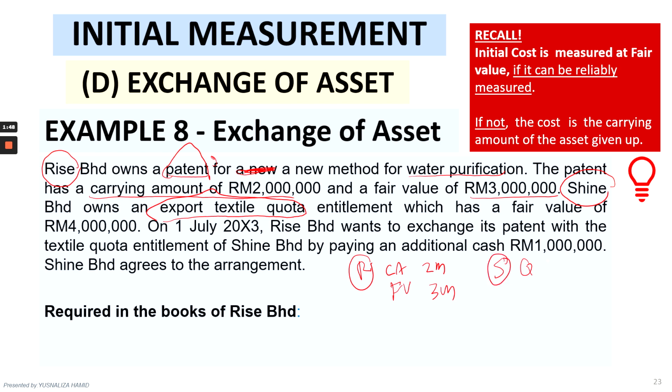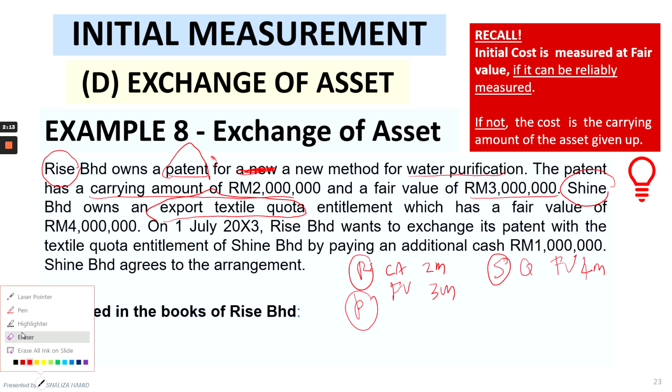The quota has a fair value, and the fair value is 4 million. And on 1st July 2003, Rice Berhad wants to exchange the patent. So there is an exchange here of an intangible asset.